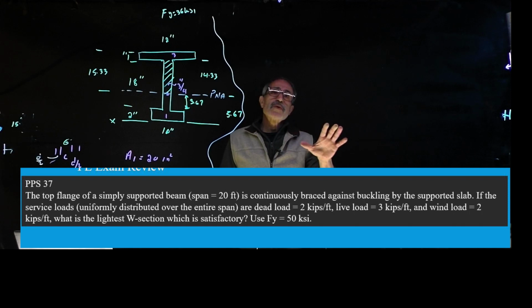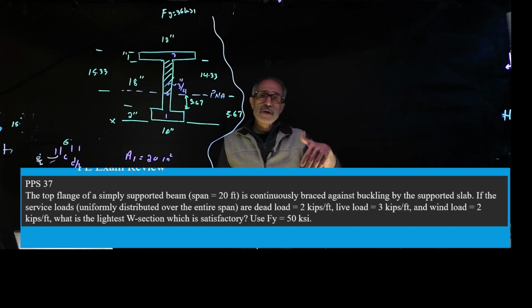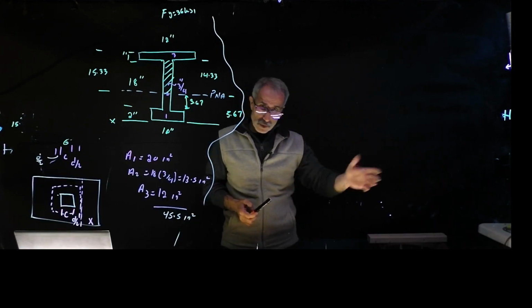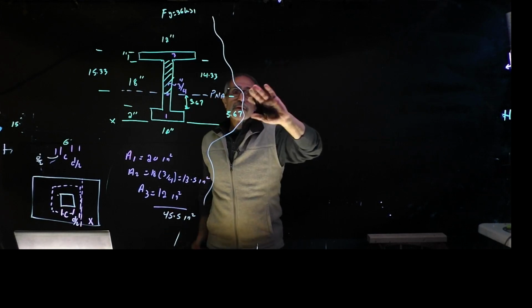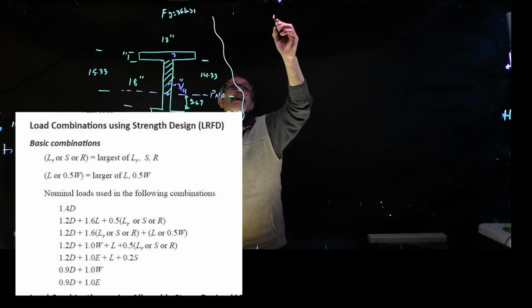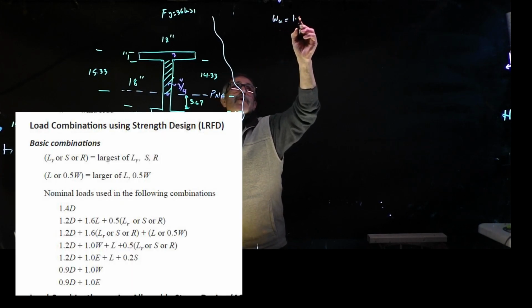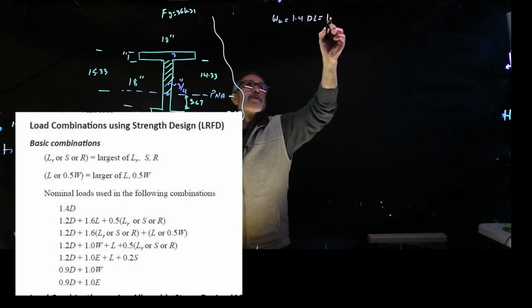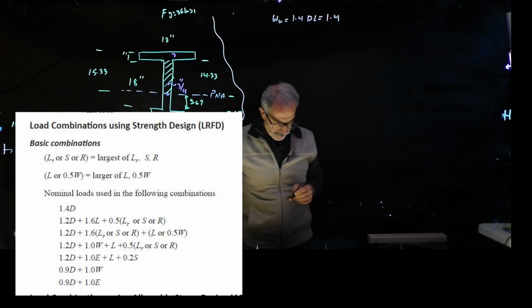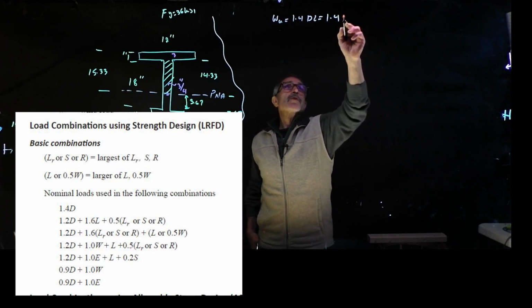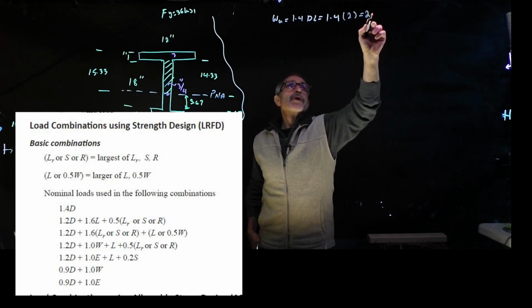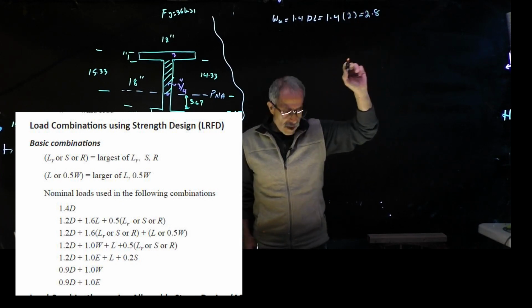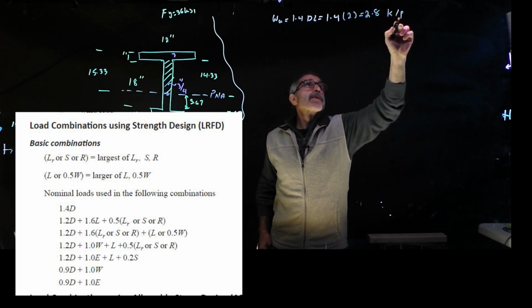Again, you have to use your handbook. Go to the handbook section, steel design. Combination, find the load. There are three different load combinations we'll apply here. Wu is equal to 1.4 times dead load. That's 1.4 times 2, which is equal to 2.8 kip per foot.